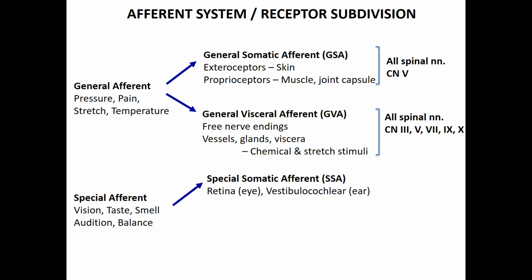Now within the special afferents, we again have two groups, and the first one is the special somatic afferent. Special, we already know, is associated with certain special senses, and somatic means body wall. So those special senses whose receptors are present in the body wall, or have ectodermal origin, are included in this one.